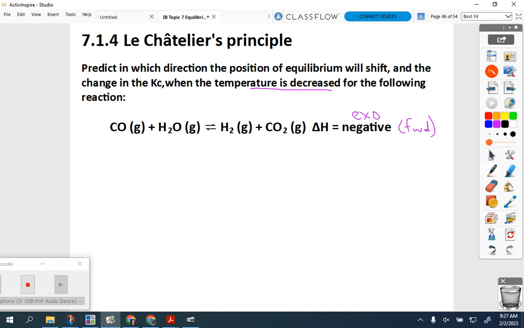So if I'm putting heat in as a reactant or a product, which side is it going on, the reactant side or the product side? It's exothermic. Are we absorbing heat or releasing heat? We're releasing heat, so heat is going to be a product of the forward reaction. Okay?